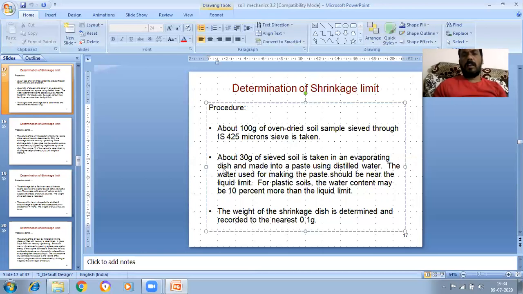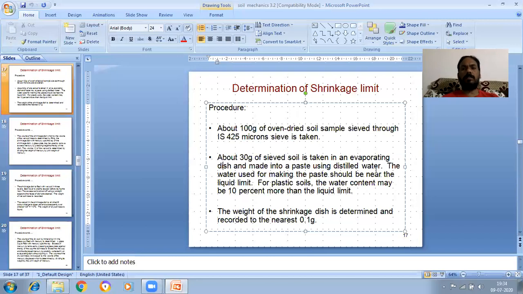Next, about 30 grams of sieved soil is taken in an evaporating dish and made into a paste using distilled water. We need to take 30 grams of the sieved soil in the evaporating dish, add distilled water to that, and make it like a paste.